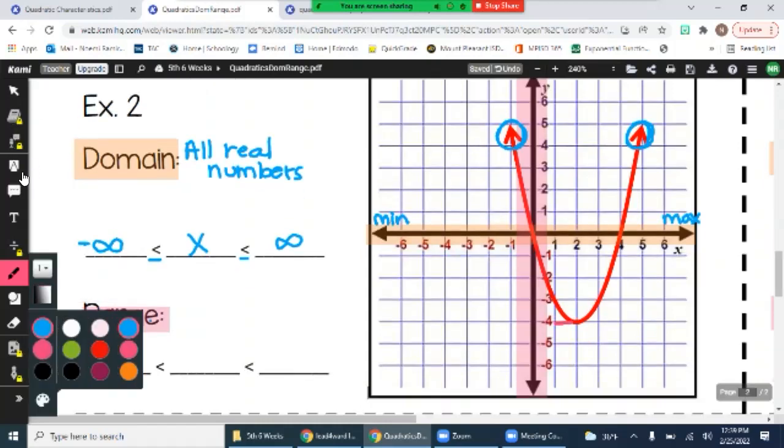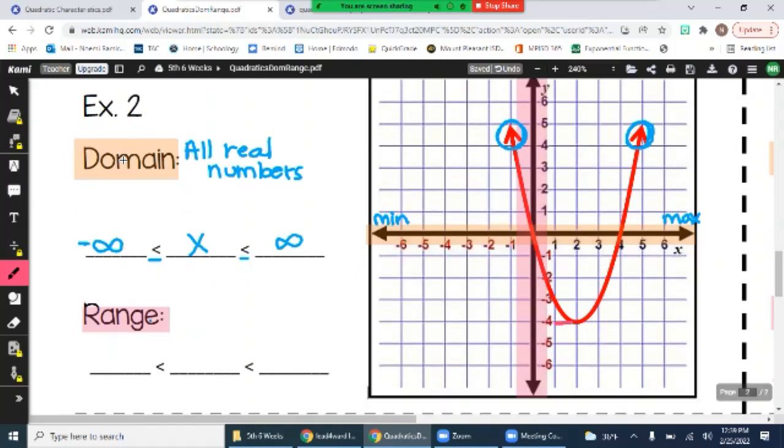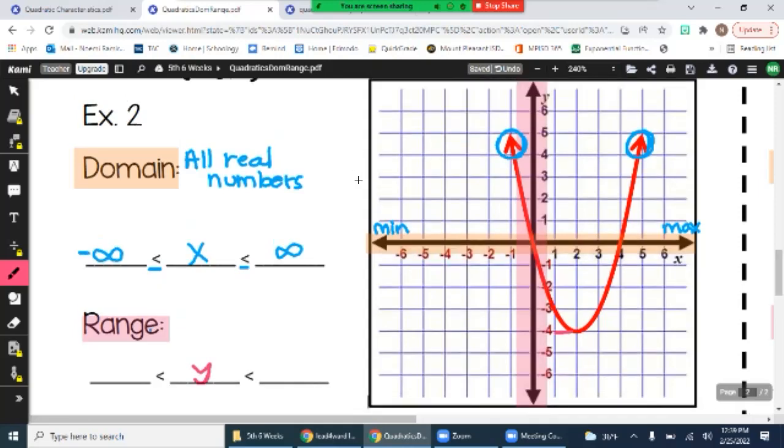Now, most students, whenever they notice that the domain is all real numbers, they automatically think that the range is also all real numbers, but that is not the case. Range, what do we fill in the middle? They can both be all real numbers, but not in this case. Where is my minimum on the y-axis?